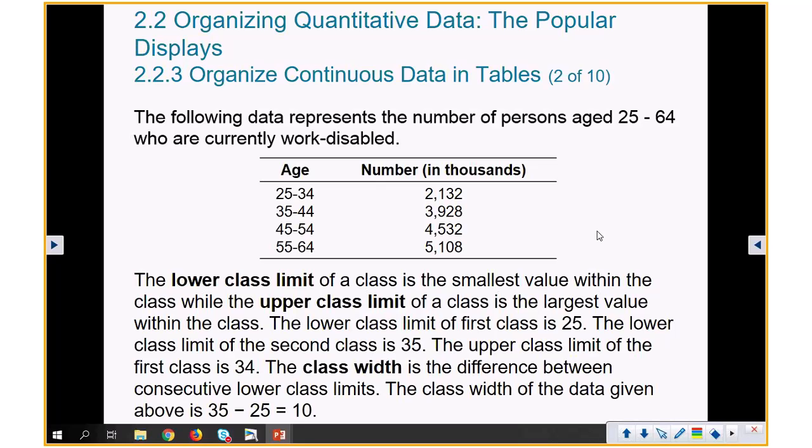So let's go over that again, just so you'll have it. You can always watch the video and pause it. 25 from 35, or 35 from 45, or 44 from 54 is all 10. So the class width is 10. Now take 25 plus 34, add it together, and divide by 2.